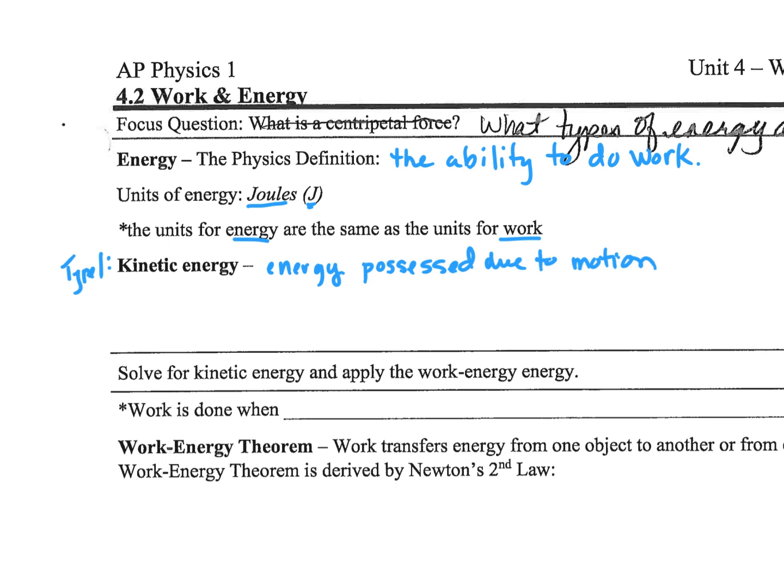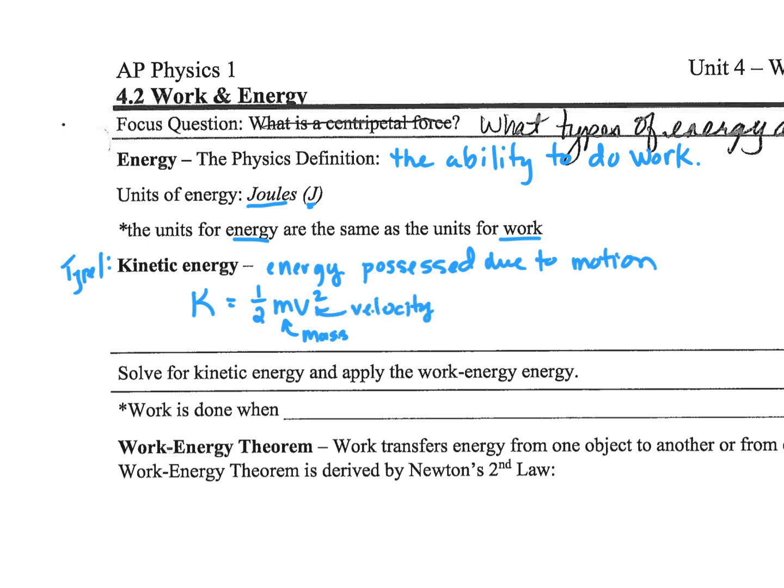Kinetic energy is a big K, and the formula for that is 1/2 mv squared. And you can see that kinetic energy has to do with mass and velocity.